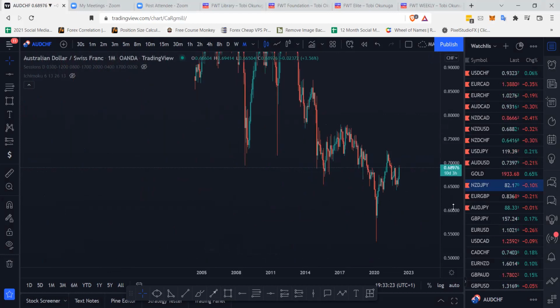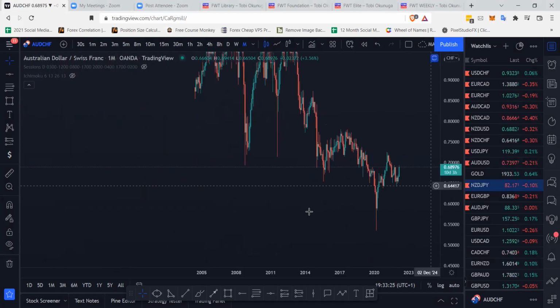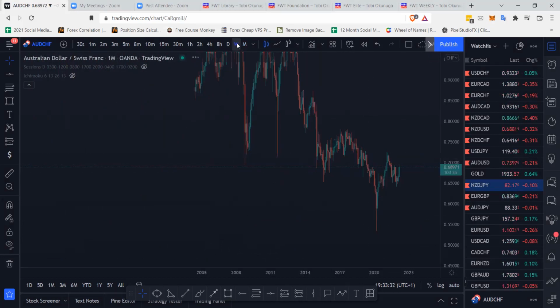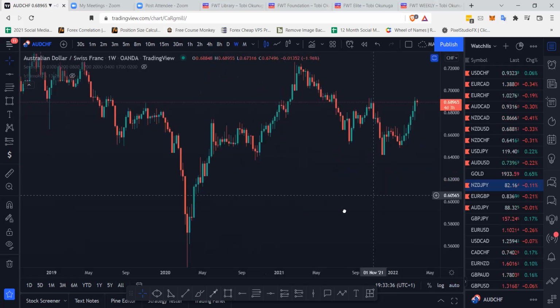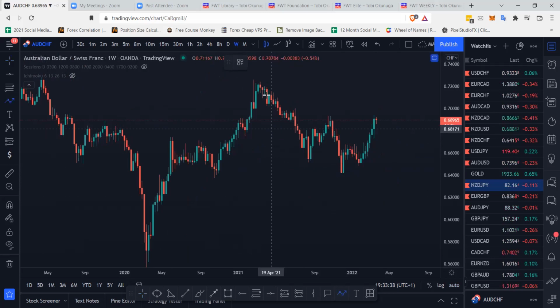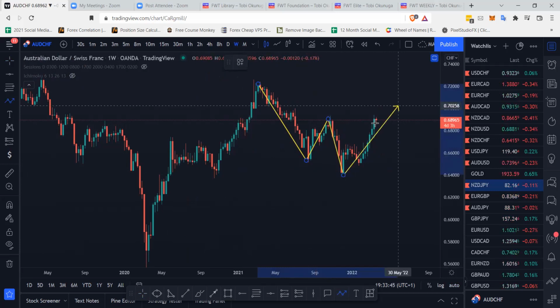Okay, so this pair is on a downtrend, a general downtrend. So on a downtrend, let's go to weekly. On the weekly, we are seeing impulse, correction, impulse, correction.